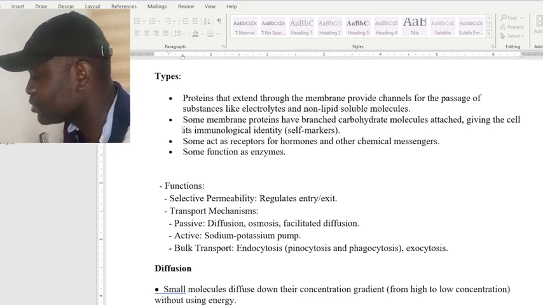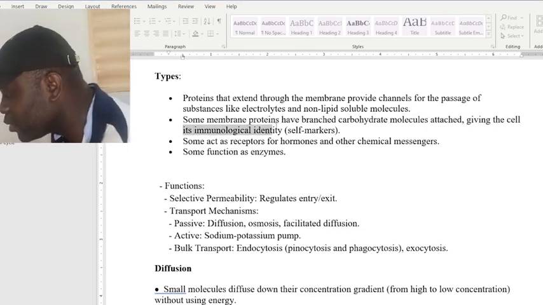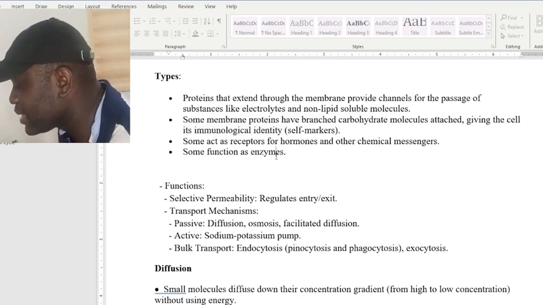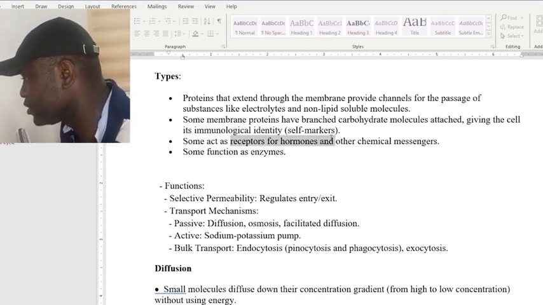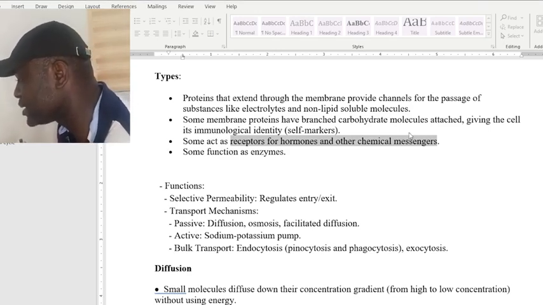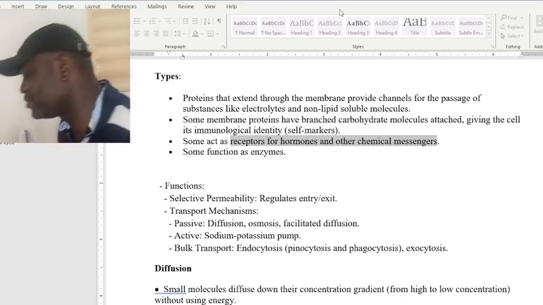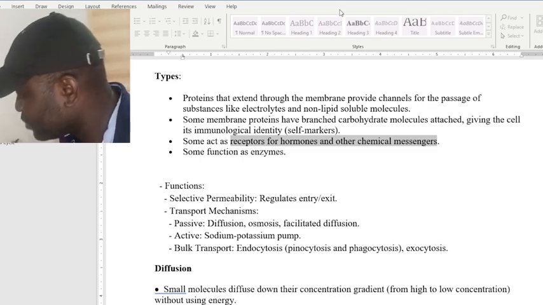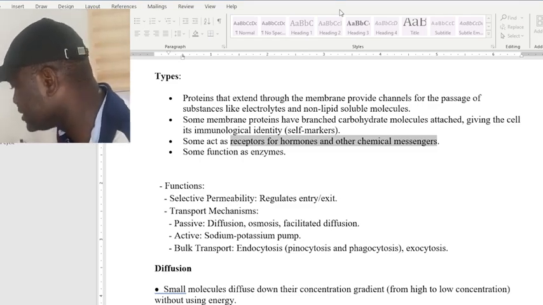Some proteins also act as receptors for hormones and drugs. Most drugs act on receptors, and these receptors are just proteins on the plasma membrane. Then some of the proteins also act as enzymes.